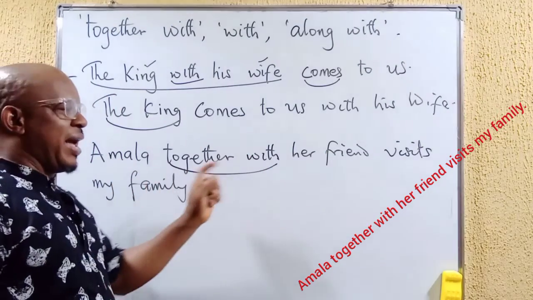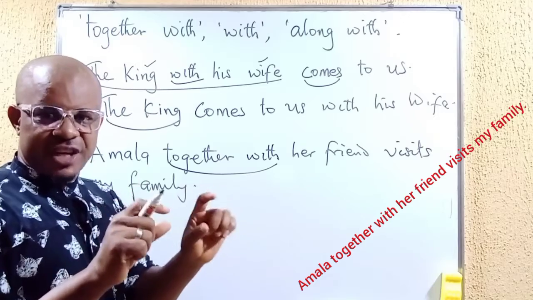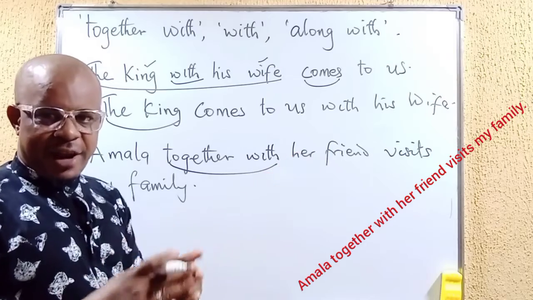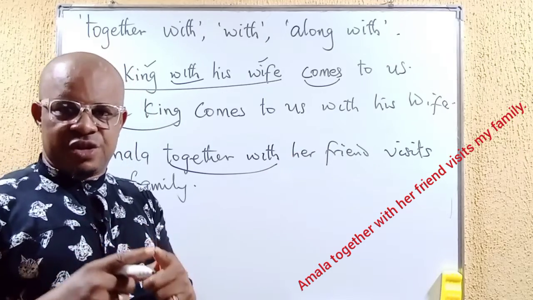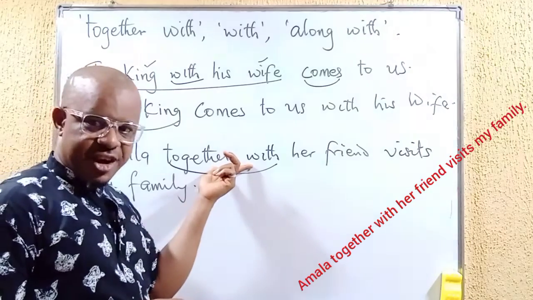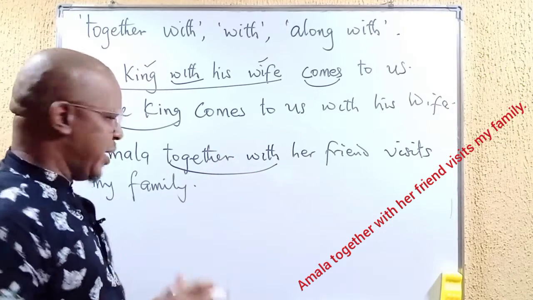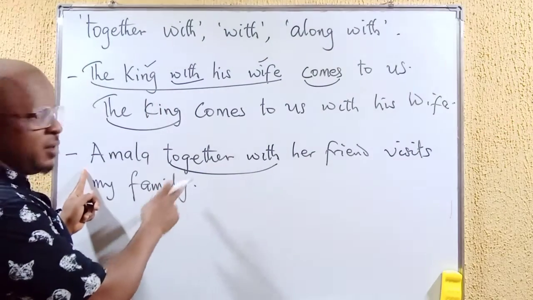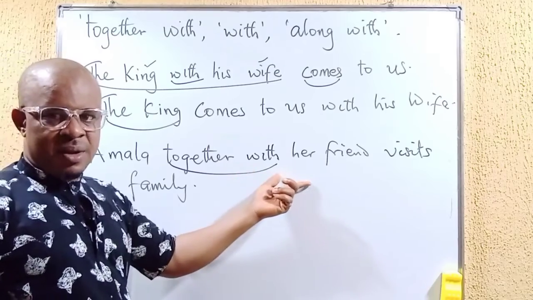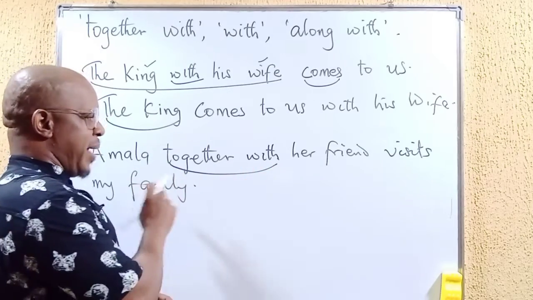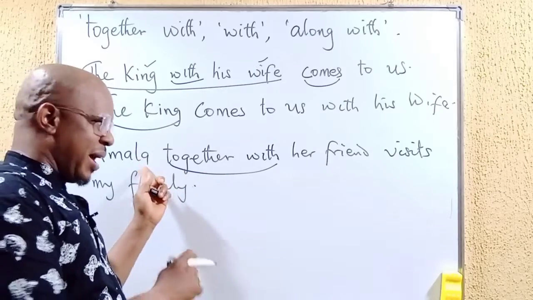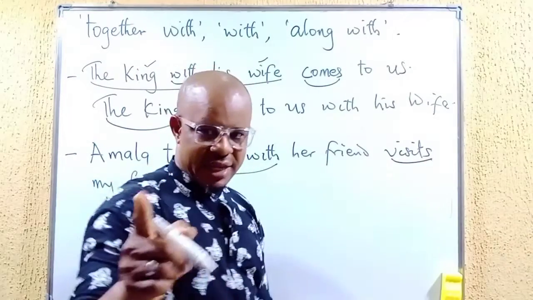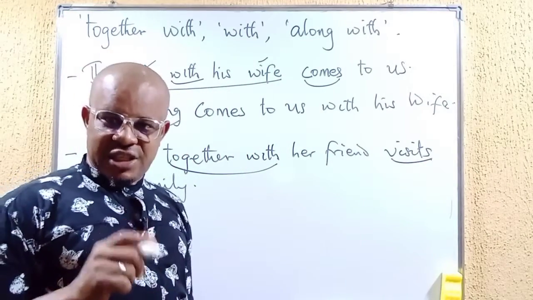When we say Amala and her friend, that's a coordinating conjunction, and we blend both to be a plural subject. But because we don't have and here, we have together with, that means we are talking about Amala. Amala visits my family together with her friend. If we put it in this form, Amala, together with her friend, still visits. So consider the verb. Take note, the verb must be singular.